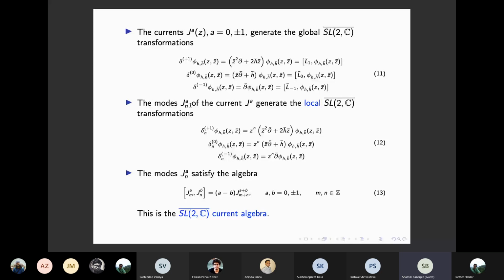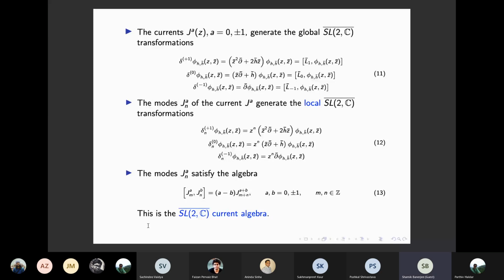Similarly, for A equal to 0 and minus 1, what we get are these two. So you have an extra factor of Z to the power n, and then one can check that these modes satisfy the algebra, which is this, and this is the standard form of what we can call the SL2C bar Kac-Moody algebra.